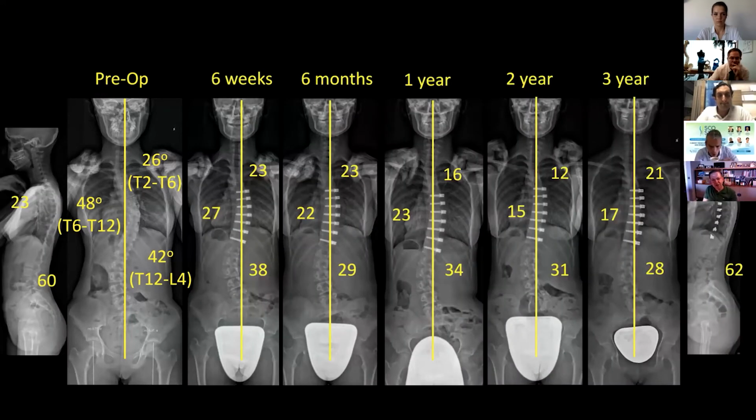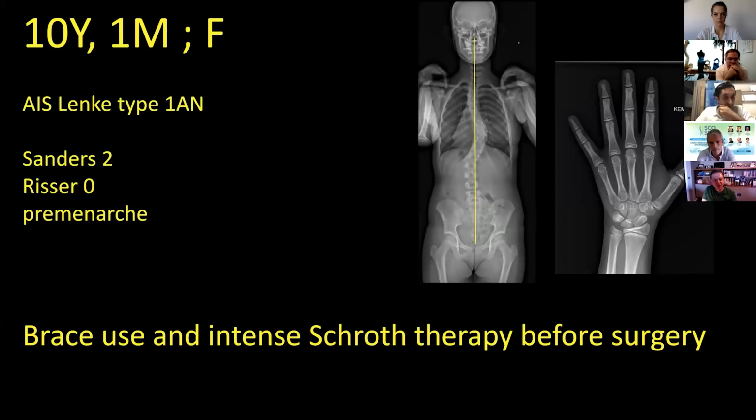As you can see, we had a very nice correction in the thoracic curve, and brace and exercise also helped us control the lumbar curve, with some help from the reciprocal changes as a response to the correction in the main thoracic curve. So we ended up with a nice correction in both curves and satisfactory clinical results.